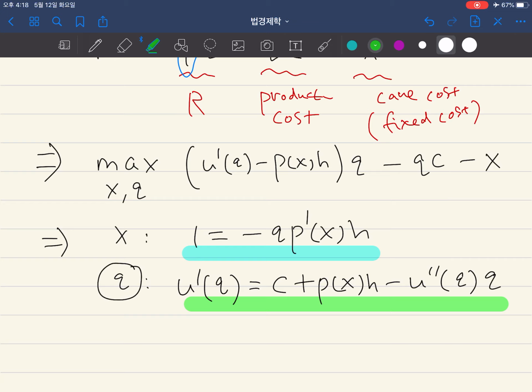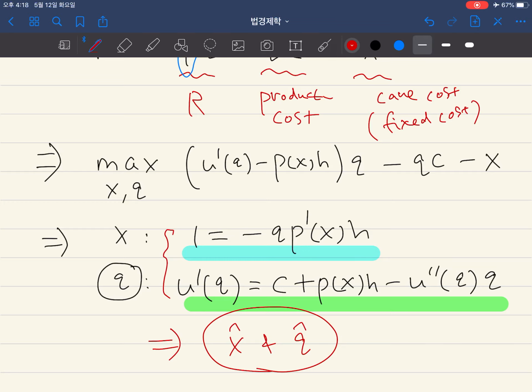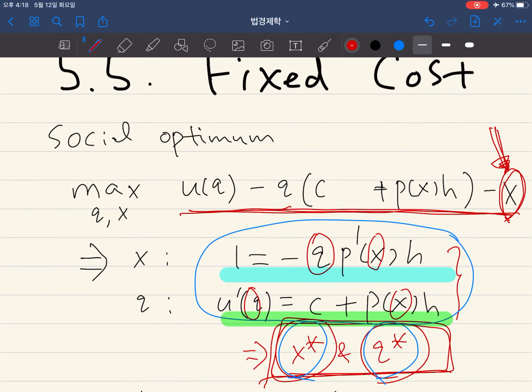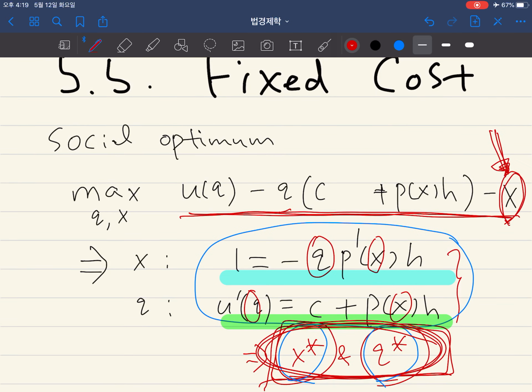So because here we have to combine these two equations to find x and q, and one equation is different, the solution is going to be different. So from these two equations, we get x hat and q hat, and this solution is going to be different from the solution from the social welfare maximization problem.